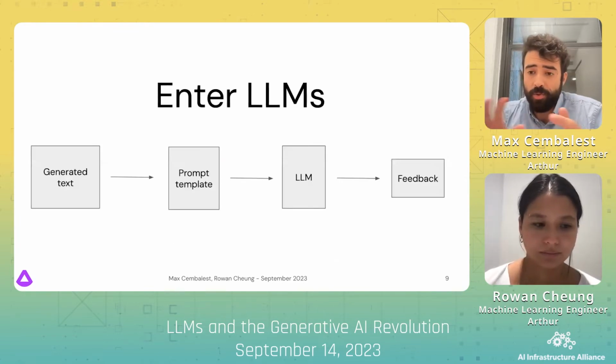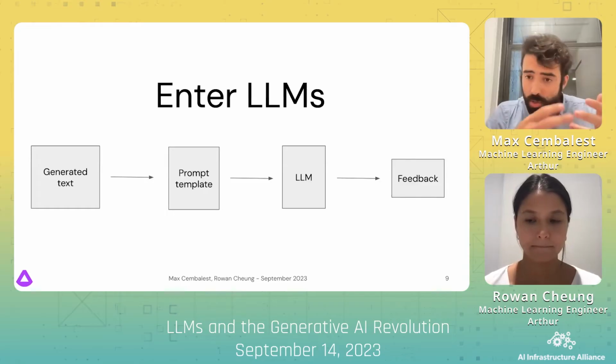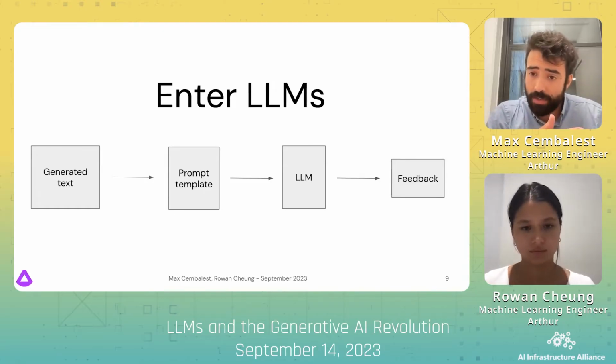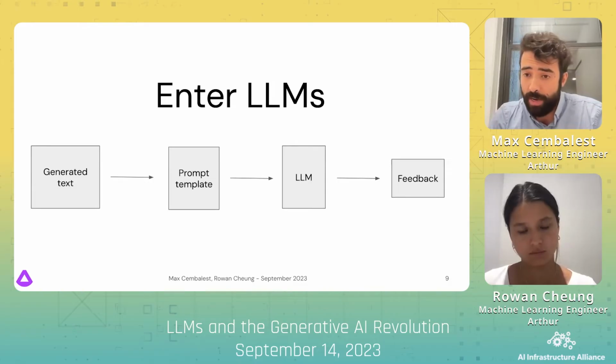So in contrast to the kind of evaluation that we've been showing so far, LLMs as evaluators follow the following basic process. You have model-generated text, which you format into a prompt template, which is sent to some LLM that provides feedback.